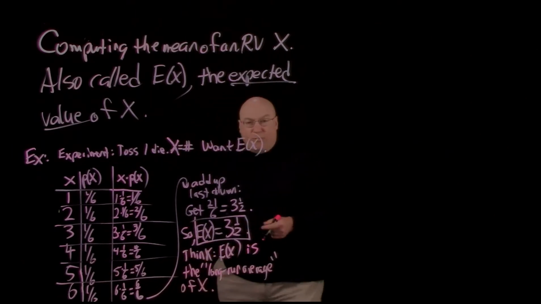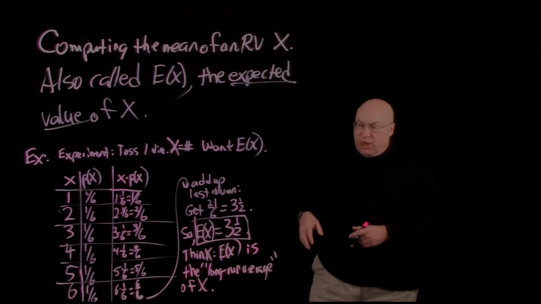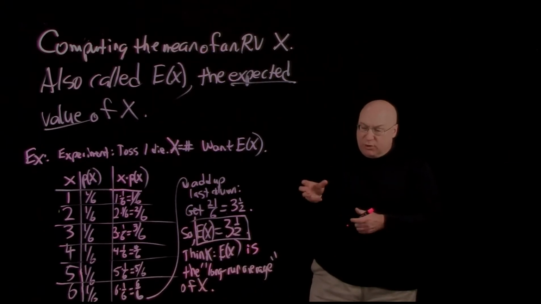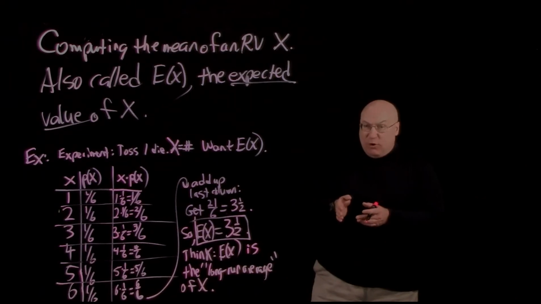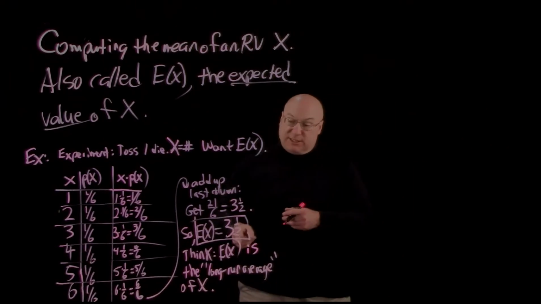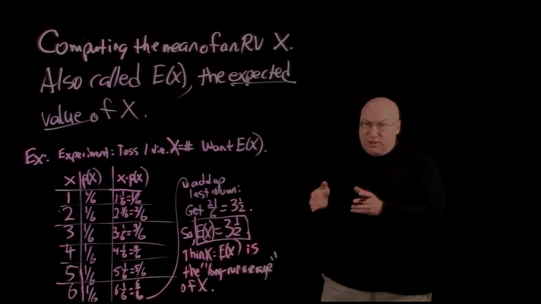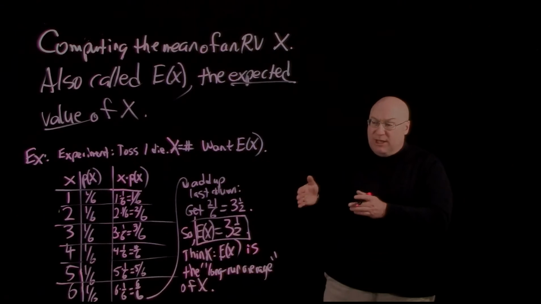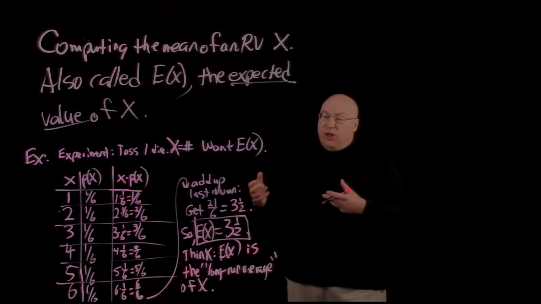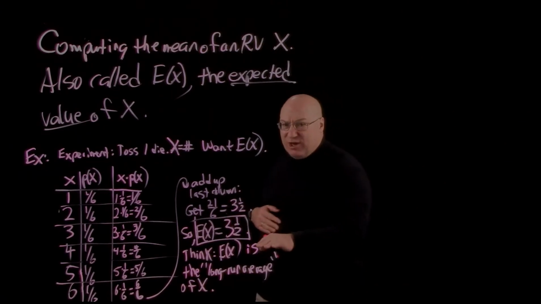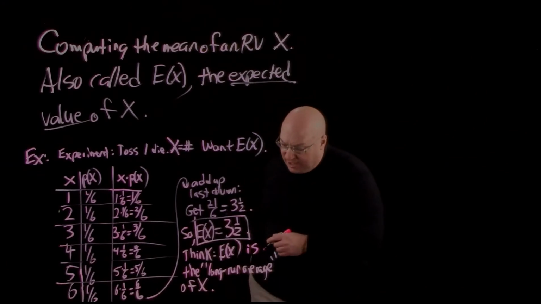Meaning, if you perform the experiment over and over and over, toss the die over and over, and record all the values you get and record their frequencies, you can take each value times the relative frequency, and what will happen is you'll have a number that's close to 3.5. If you keep tossing and tossing, the number will get closer and closer to 3.5 when you compute the mean using those relative frequencies. So in the long run, it's the average of the values of x, right? And it turns out to be 3.5.